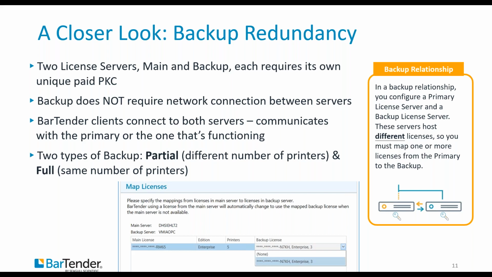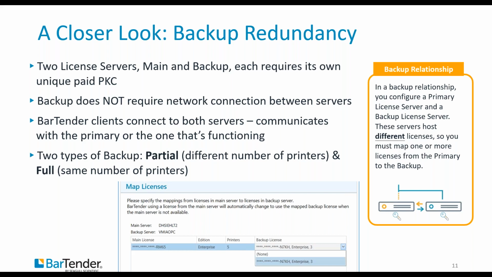Backup relationship does not require active connectivity between the 2 servers like the Triad does. Both license servers run independently. If one license server becomes unavailable, the other takes over, as long as the BarTender client can communicate with the backup license server directly. So if it loses connection with the main, as long as it can still connect to the backup, the backup will continue to accept the print requests.